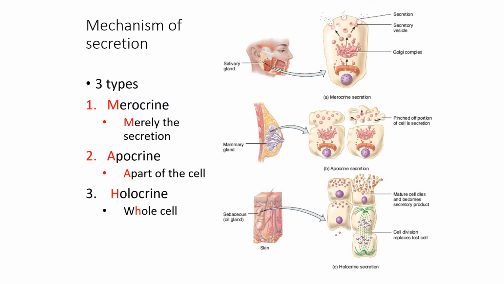Then we have holocrine secretion, where the whole of the cell is shed. The cell containing its secretions is shed from the gland and it is the substance of secretion. This kind of secretion is seen in sebaceous glands.